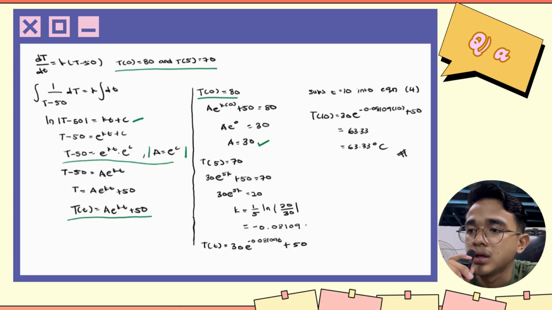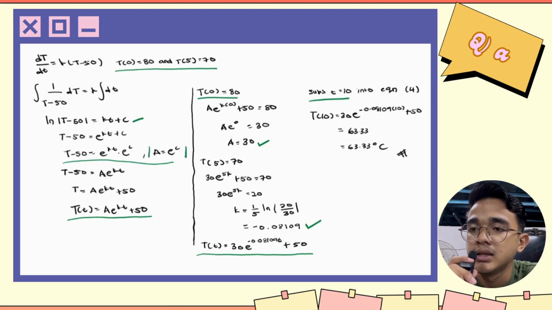So the value of k is negative 0.08109. Okay, the equation describing the temperature of the body at time t is T equals 30 e to the power of negative 0.08109t plus 50.